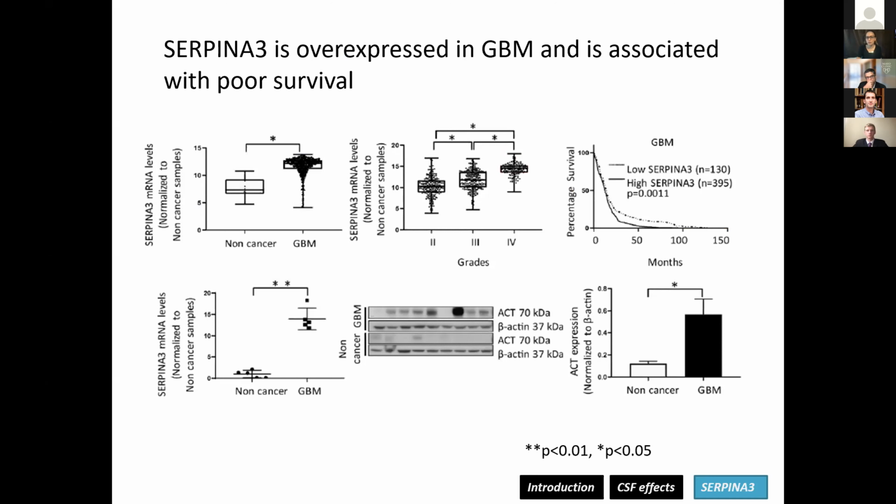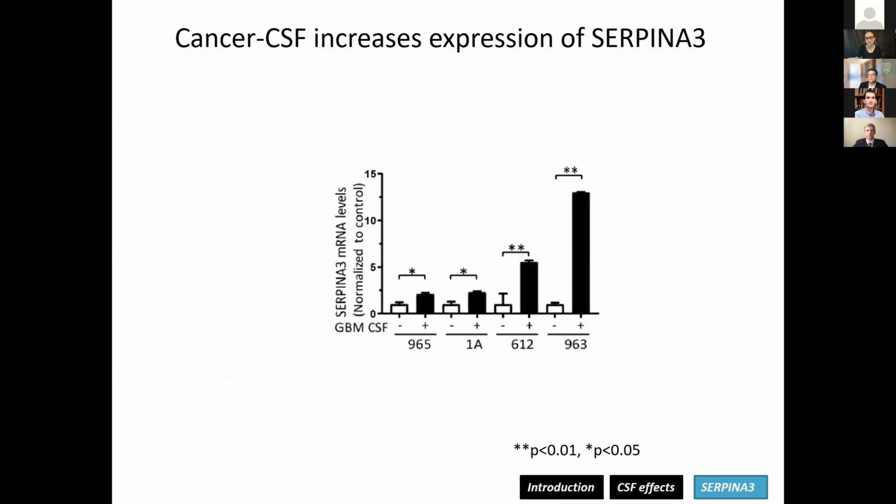And with the help of the neurosurgery department, we were able to confirm in our primary brain tumor samples that SERPINA3 was upregulated, again at the mRNA level, and we also confirmed it at the protein level by this Western blot, as you can see here in the middle.